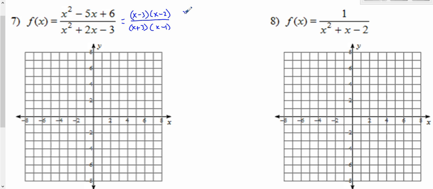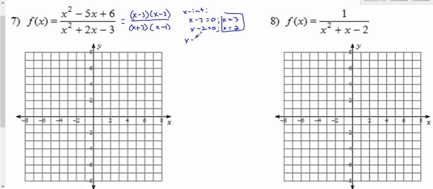For my x-intercepts, I set x minus 3 equal to 0, and I get x equals 3. I also set x minus 2 equal to 0, and I get x equals 2. Those are my x-intercepts.